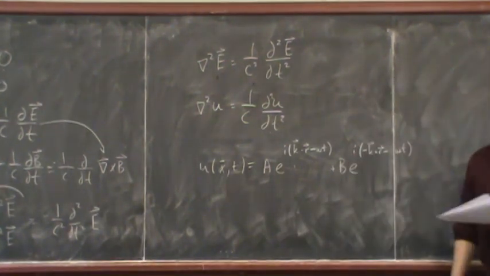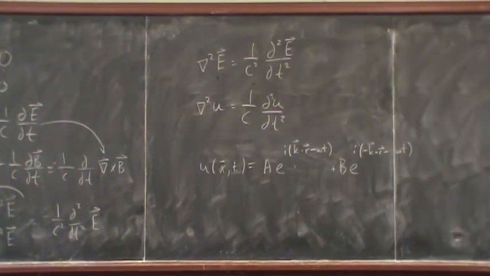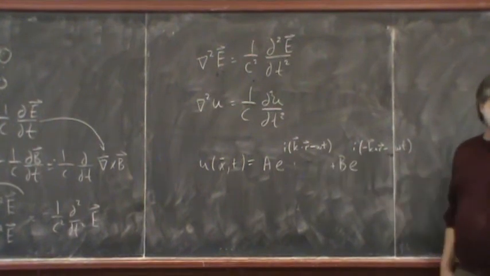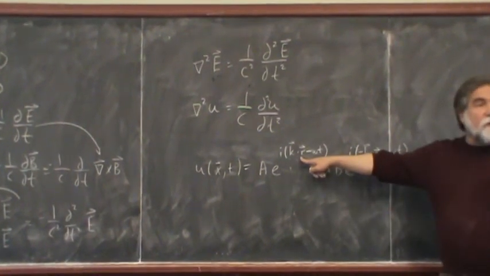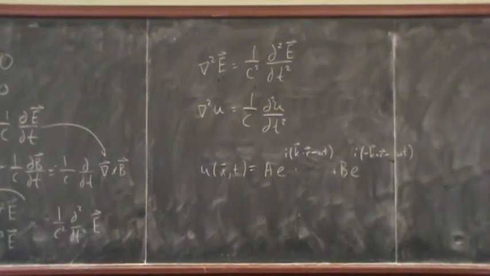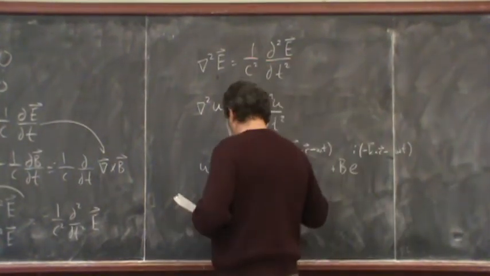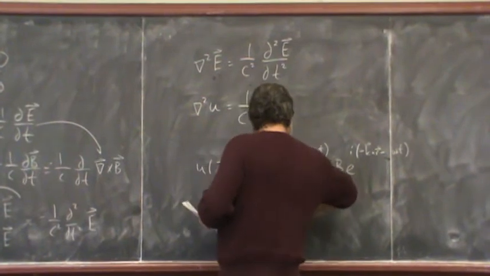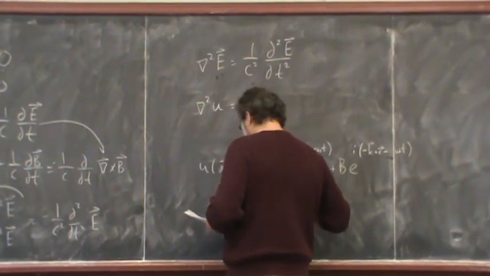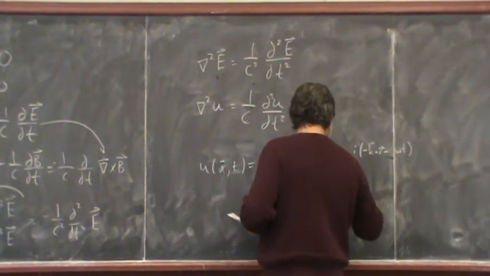I can maneuver around the pluses and the minuses in there, but they're going to correspond to a wave traveling one way and a wave traveling the other way. By putting in a vector r and a vector k here, I'm going to allow the wave to be traveling in any direction locally. So the magnitude of k is going to be frequency divided by the velocity, or for us, square root of mu epsilon.